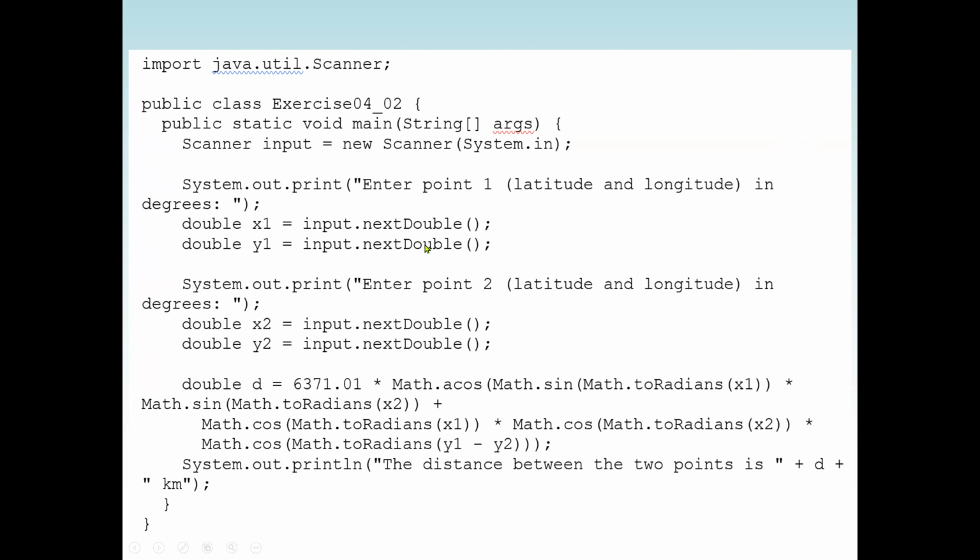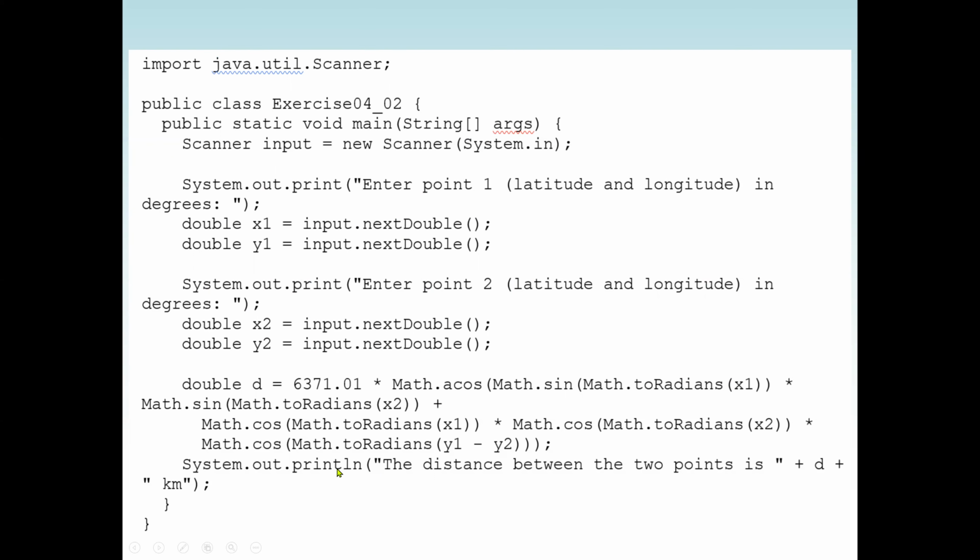Again, the input the user enters is in degrees, so we use the toRadians method to convert it. The same thing we do to Math.sin of Math.toRadians of x2, and the same thing for y1 and also y2. The format is given in the question. Our goal is to write it in Java.